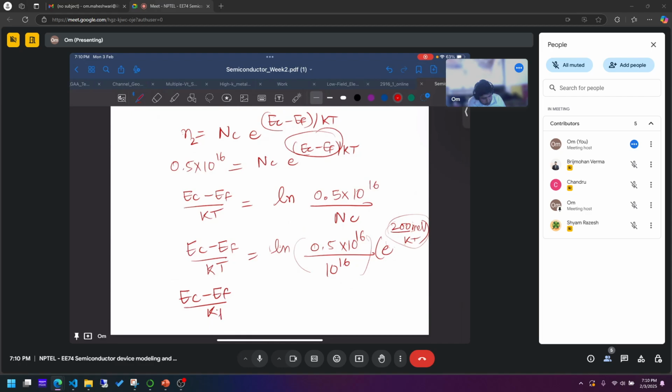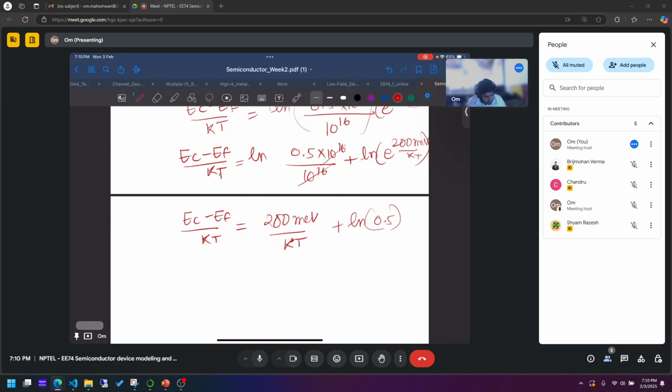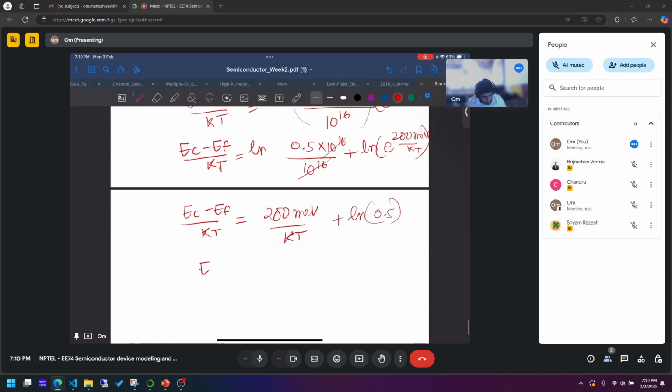EC minus EF by KT equals 200 MeV by KT plus ln 1.5. So this will cancel. I can write EC minus EF equals 200 MeV plus KT ln 1.5, and KT is typically 26 millielectron volt.